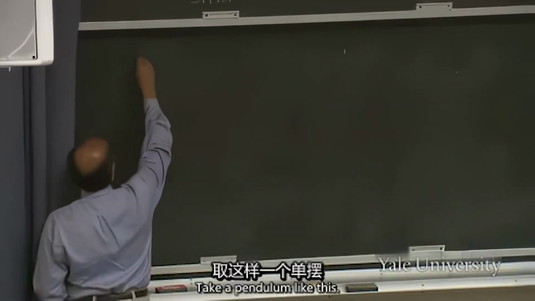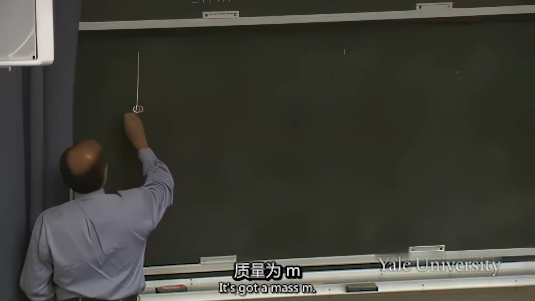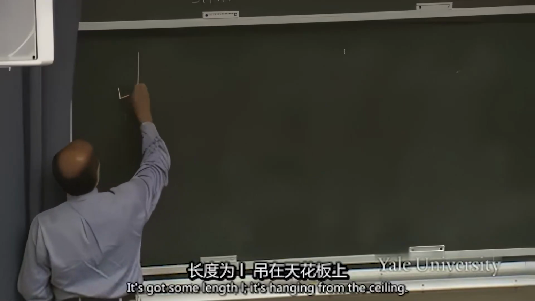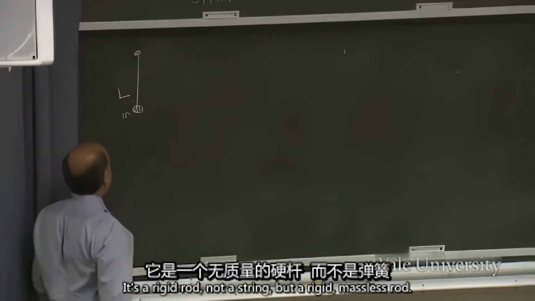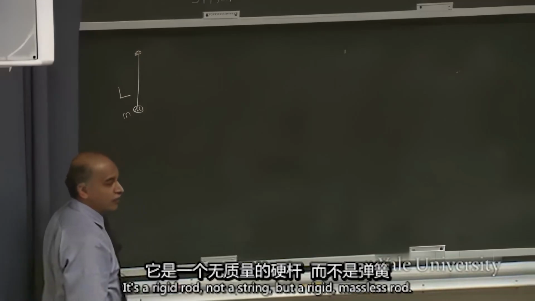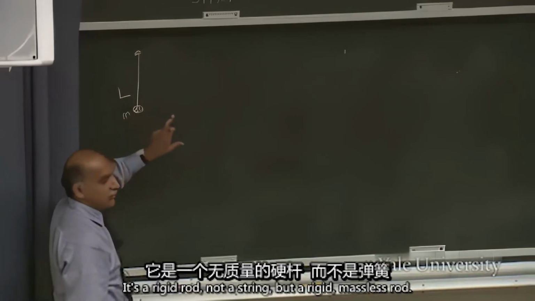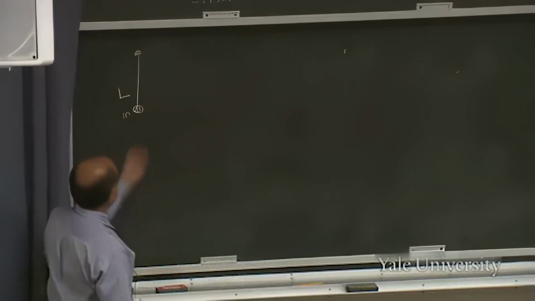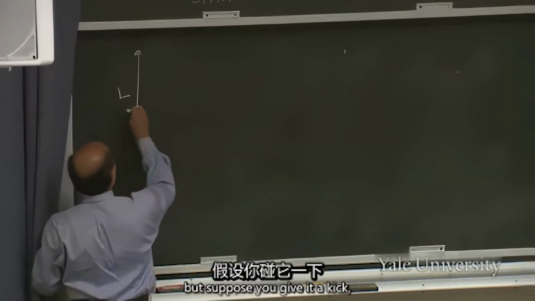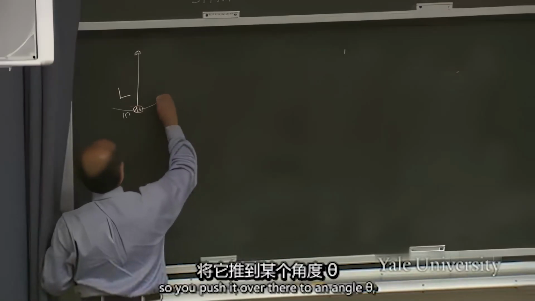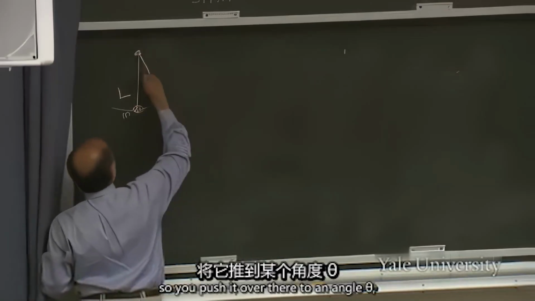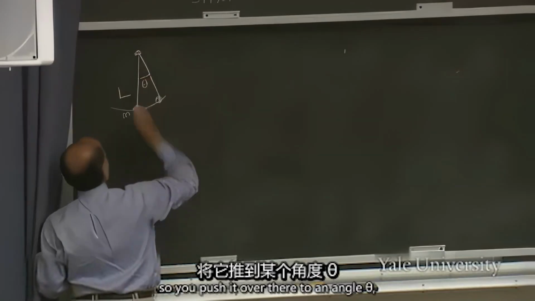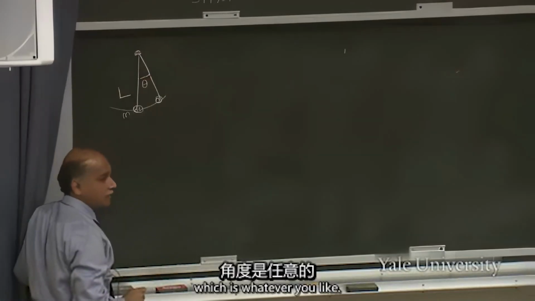Take a pendulum like this. It's got a mass m. It's got some length L. It's hanging from the ceiling. This is a rigid rod, not a string, but a rigid massless rod. And the mass m is at the bottom. So it's happy to hang like this. But suppose you give it a kick. So you push it over there to an angle theta, which is whatever you like.